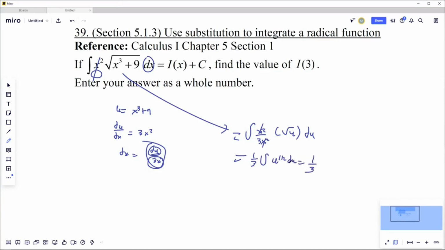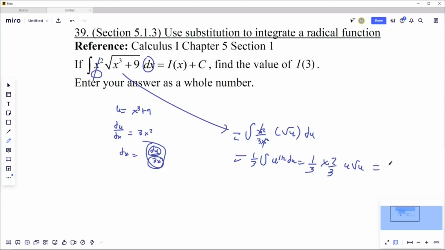So 1 over 3 integral of this: add 1, you get 3 over 2, divide by that, so you get 2 over 3 times 2 over 3 u square root of u, because u to the power of 3 over 2 is nothing but u times u to the half, and u to the half is square root of u.